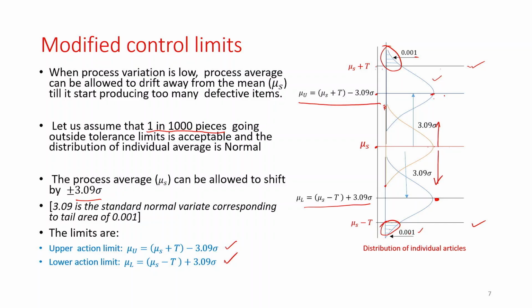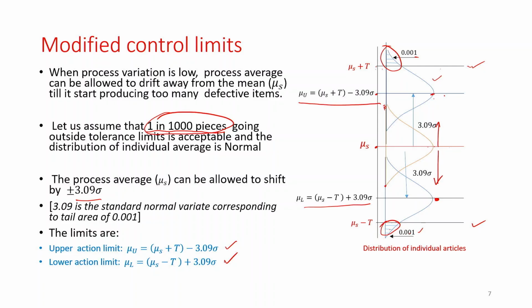That will be our modified control limits based on these particular conditions of accepting that 1 in 1000 items, if it goes out of order.